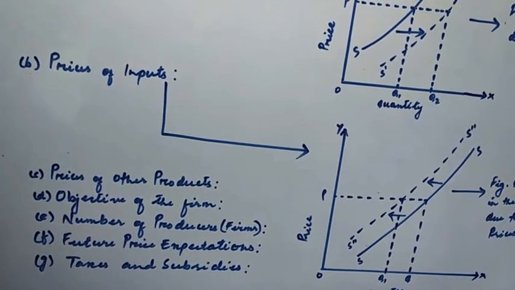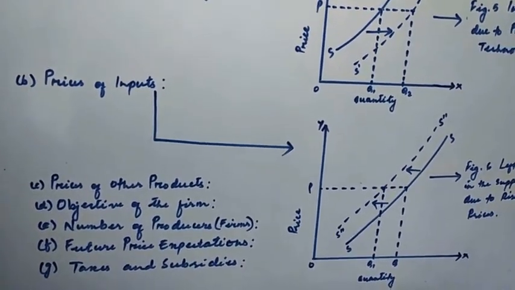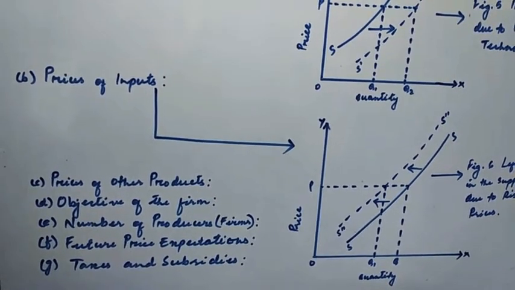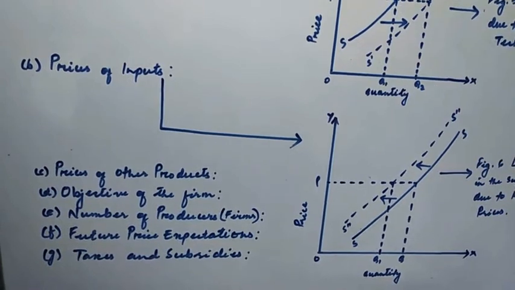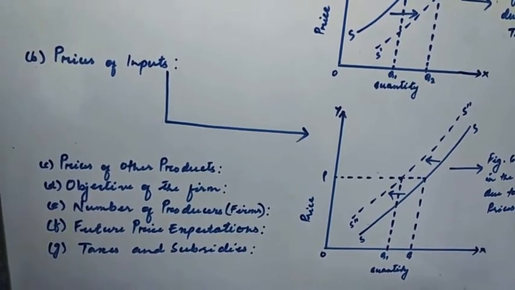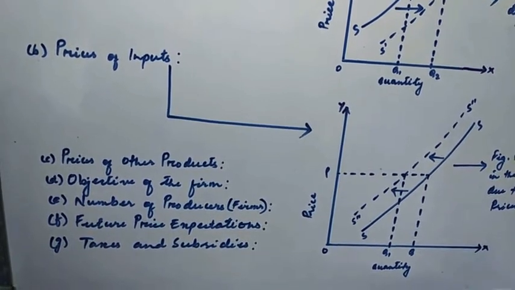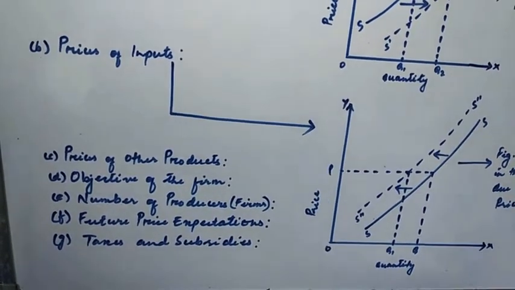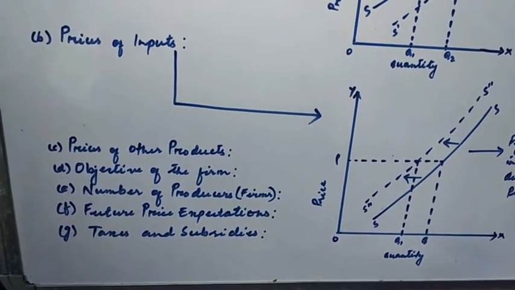This will cause a leftward shift in the supply curve of pulses, and a rightward shift in the supply curve of wheat, because wheat is more profitable compared with pulses, and people will supply less of pulses and more of wheat.